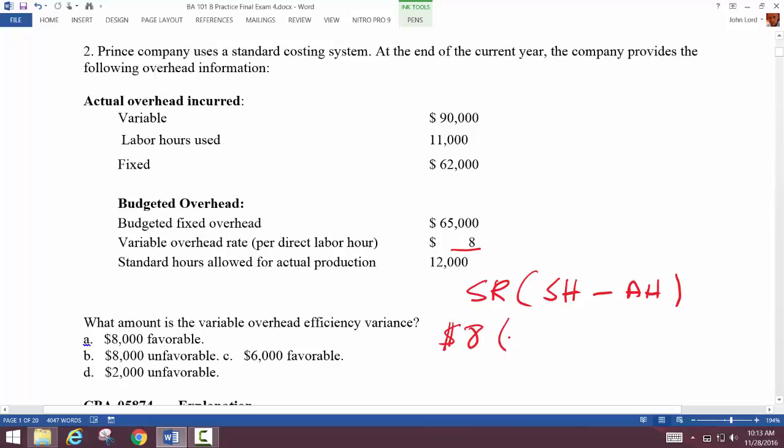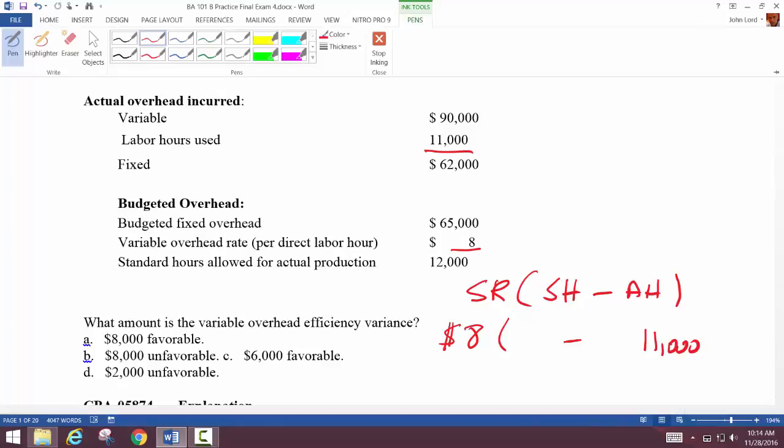And my actual hours are going to be what here? The actual hours that they used here were 11,000 hours. Okay. Thank you. Okay, 11,000, and what were the standard hours?